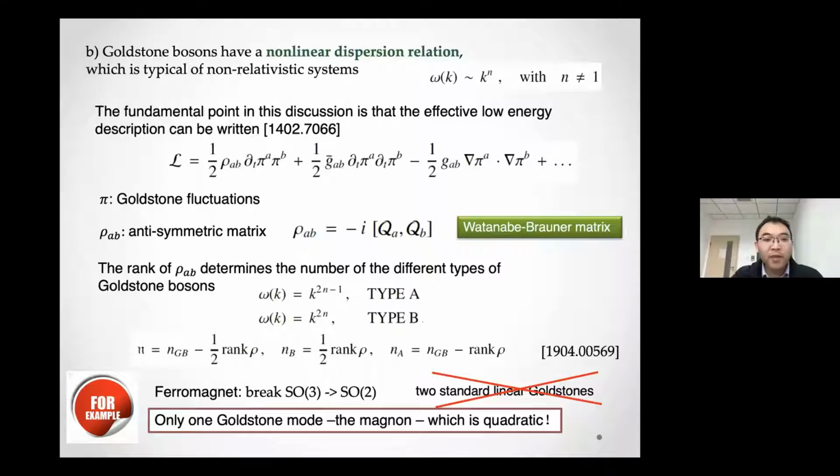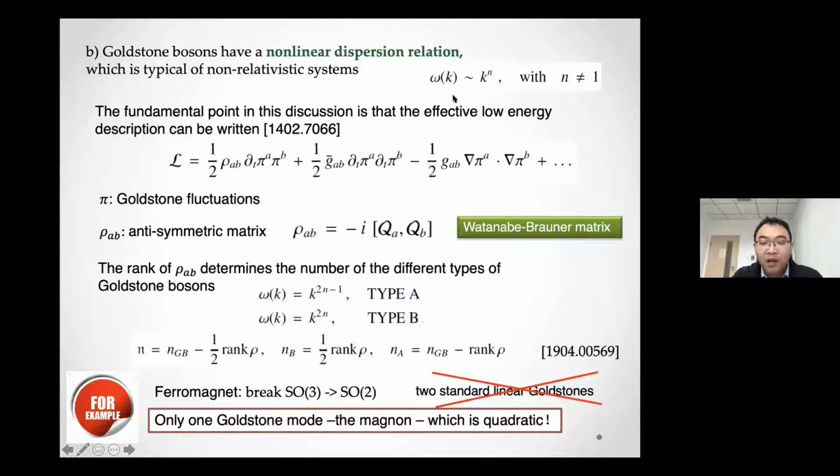The fundamental point in this discussion is that the effective low energy description can be given by this one. Here, pi is the Goldstone fluctuation, and rho AB is an antisymmetric matrix given by the commutator of the broken generators, QA and QB. This is called the Watanabe-Brauner matrix.